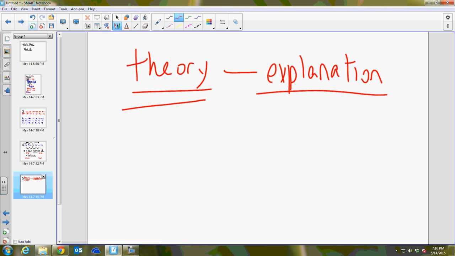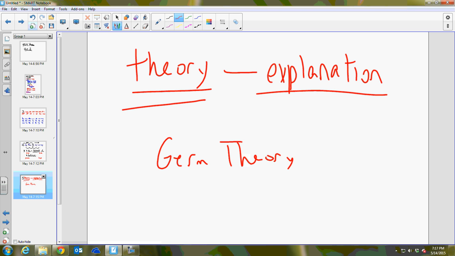And how do we come about that explanation? Through repeated experimentation. Let's use an example. Well, the theory of evolution is often downplayed as it's only a theory. But it's been shown over and over again through experimentation and through evidence. Another theory that no one ever says it's just a theory is the germ theory of disease. It's not just a theory.